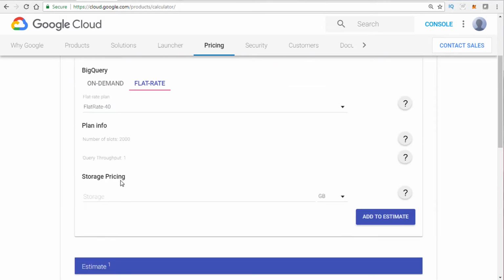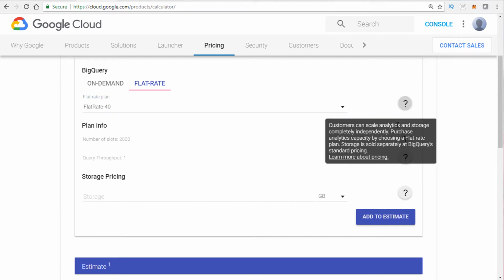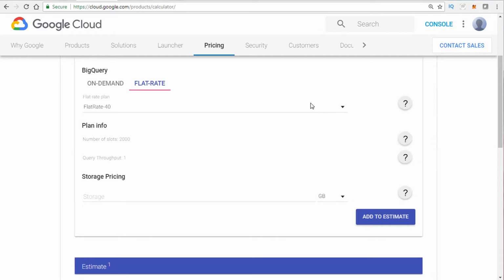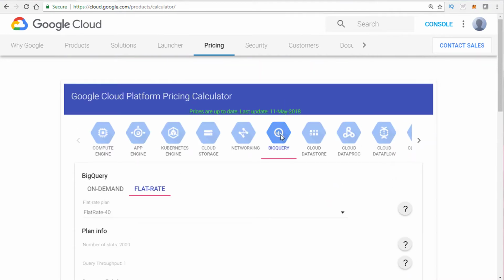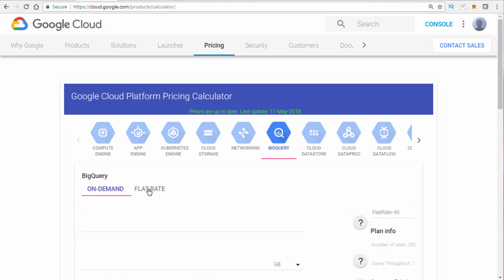We go to flat rate, again, storage pricing, but the flat rate plan includes a specific amount, like flat rate 40. If you just go here, that's the scale that you're using. Basically, this allows you to use a service, and if you exceed that free amount, for example, with storage that you're using, then you'll have to pay for additional storage. And again, it's based on what you need. Once again, remember BigQuery, know how it's priced.